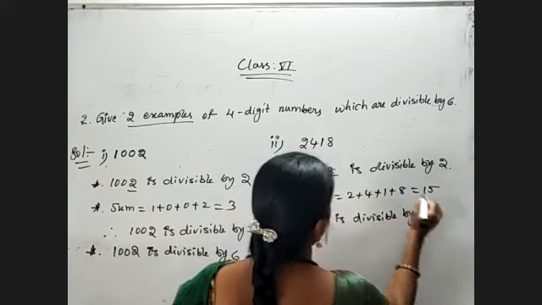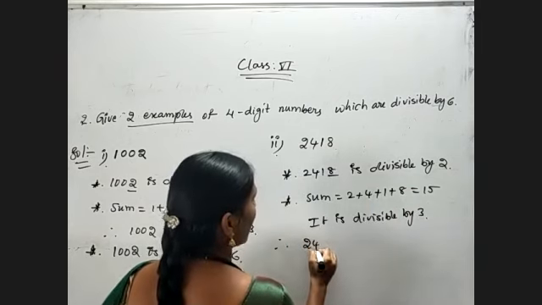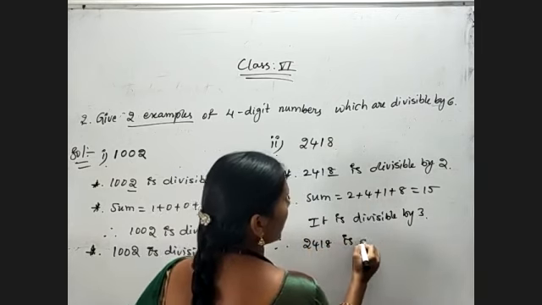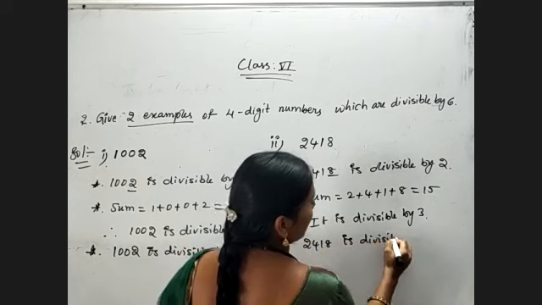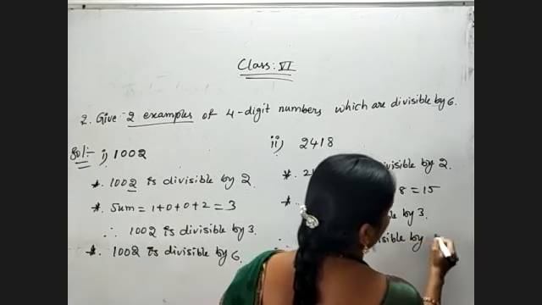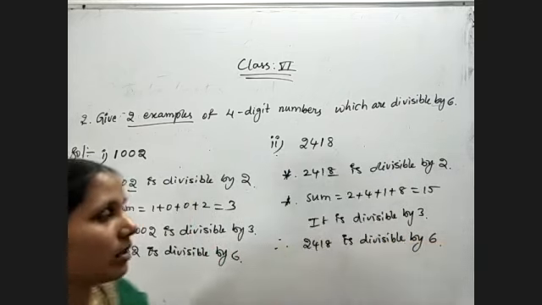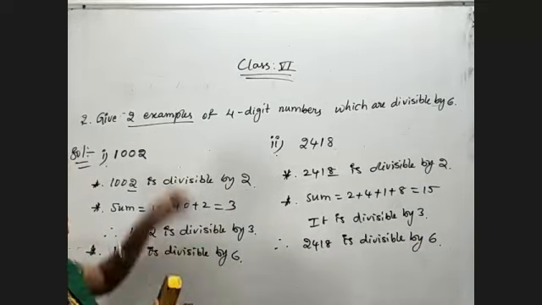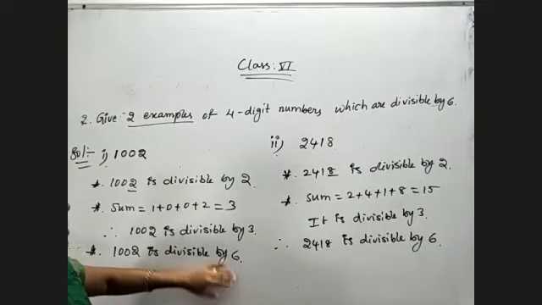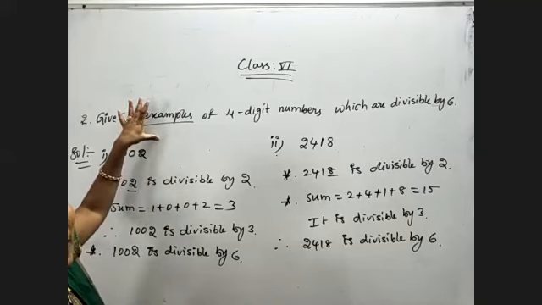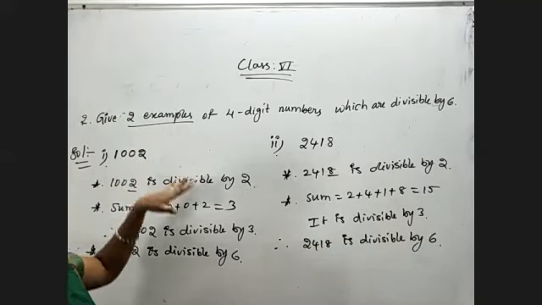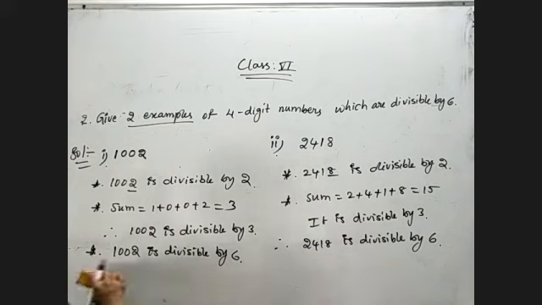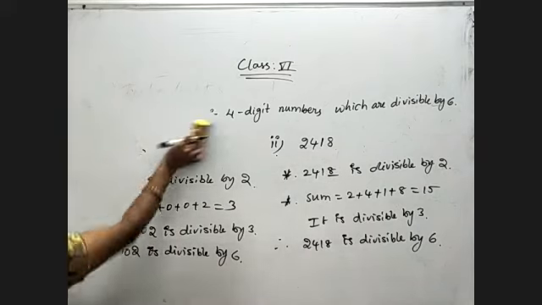Complete number is divisible by 3. Therefore, 2418 is divisible by 2 and 3. That's why it is also divisible by 6. Okay. 2 examples were said, so I have taken these 2 examples. You try to write a few more examples. Okay. Now coming to the next question.